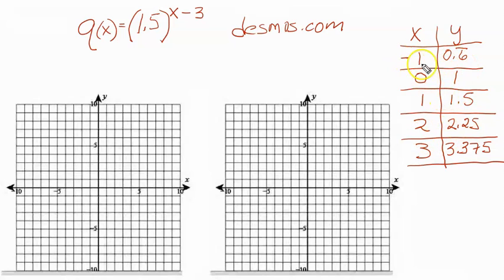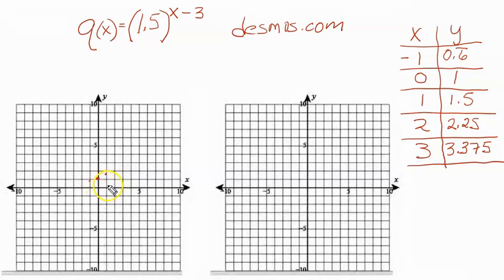So let's just plot it. So -1, about 2/3 here. And remember, 0 is going to be 1. It always goes through 1 when it's 0. Now, when it's 1, it goes through 1.5. So a little higher here.